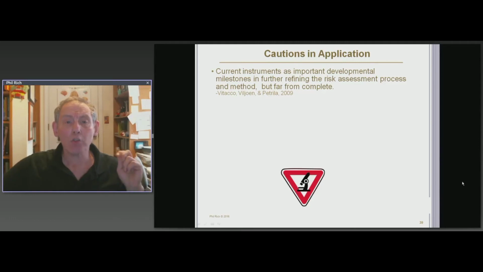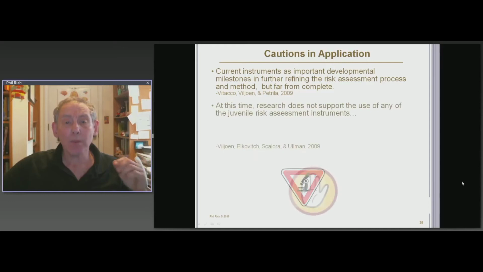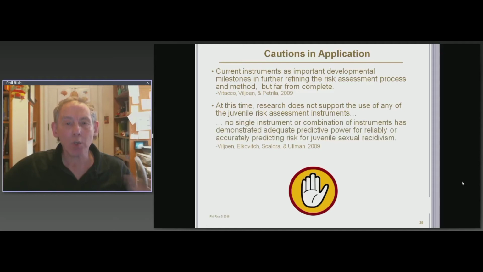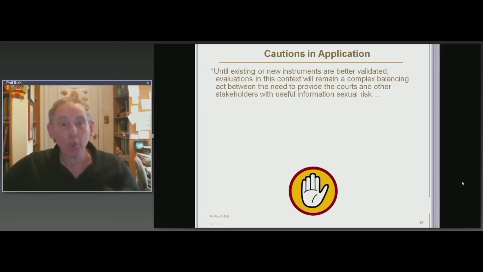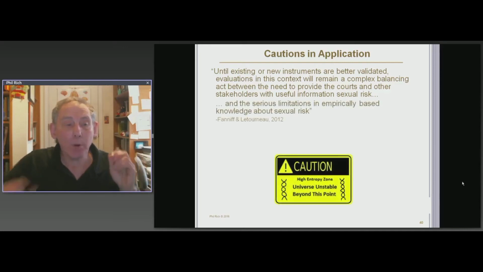Current instruments are important milestones in further refining the process, but they're not complete. At this time, research does not support the use of any of the risk assessment instruments. No single instrument or combination has demonstrated adequate predictive power or reliability. Until new instruments are better validated, it's a complex balancing act, because people need to know, but we also have serious limitations in really empirically based knowledge.